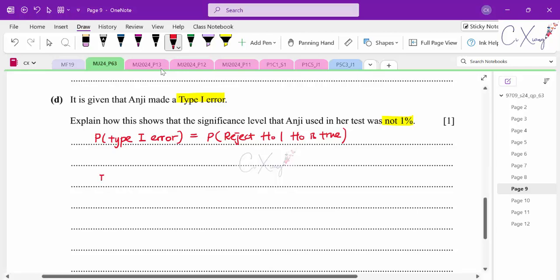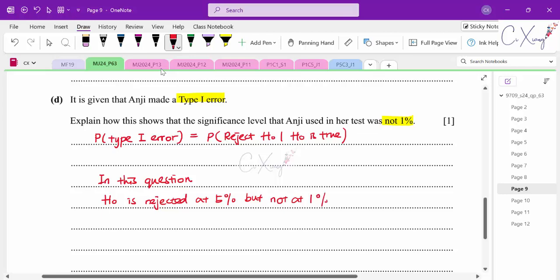In this question, you realize that the null hypothesis is rejected at 5%, but not at the 1%, right?